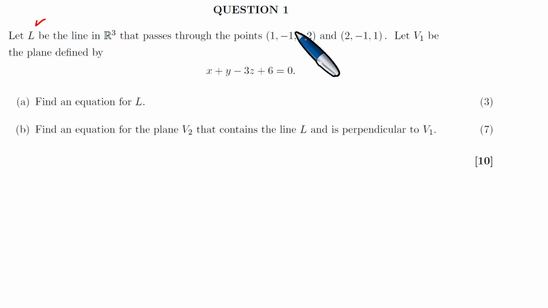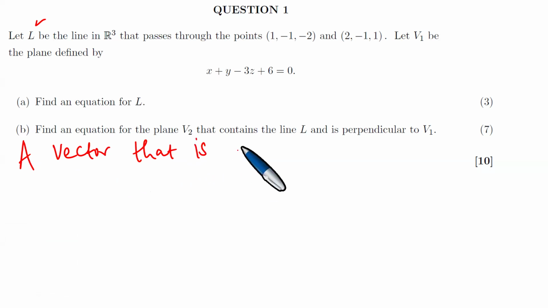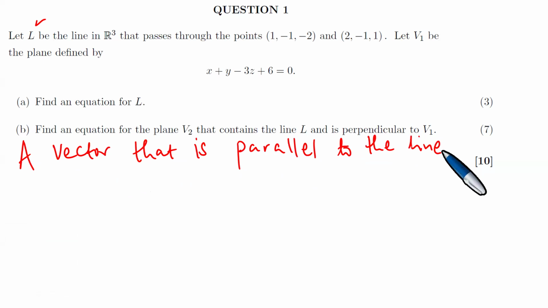Given 2 points on the line, we need to know that a vector that is parallel to the line is given by the difference of the points.